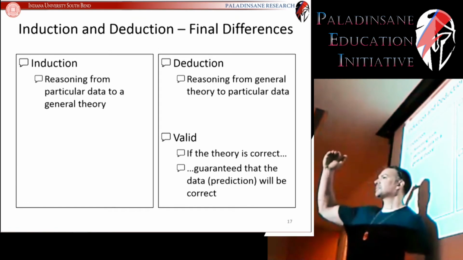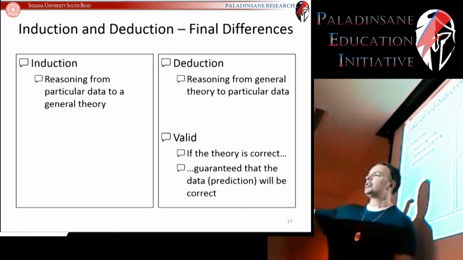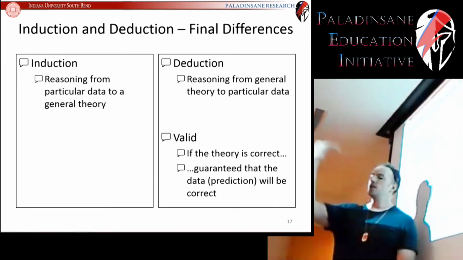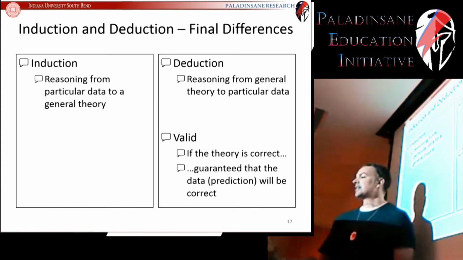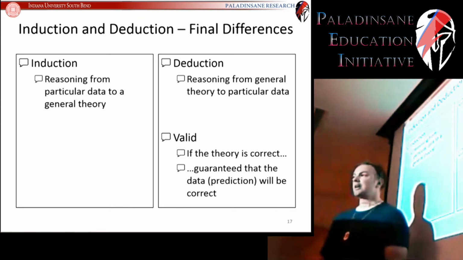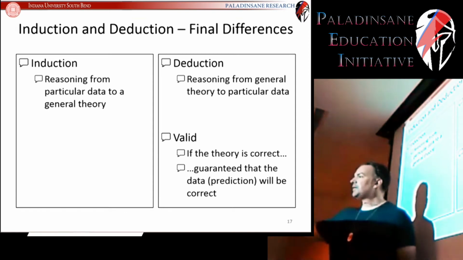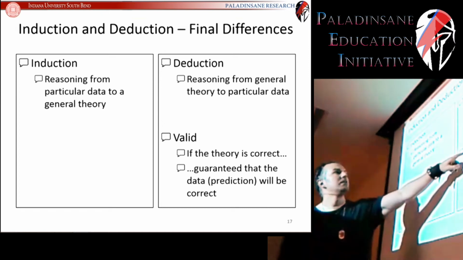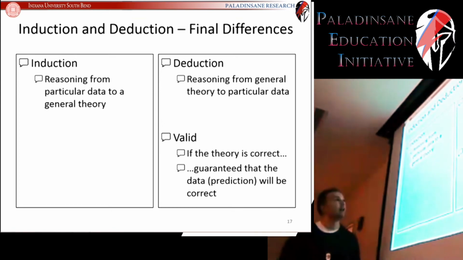If you do the logic puzzles correctly, you are guaranteed to find out who had each souvenir, who was on what medication, who finished the race in what position. That is going to happen 100%. So deduction is like a math problem. 2 plus 4 equals, if you know the rules, you will get to the right answer every single time. Deduction is known as a valid form of reasoning.